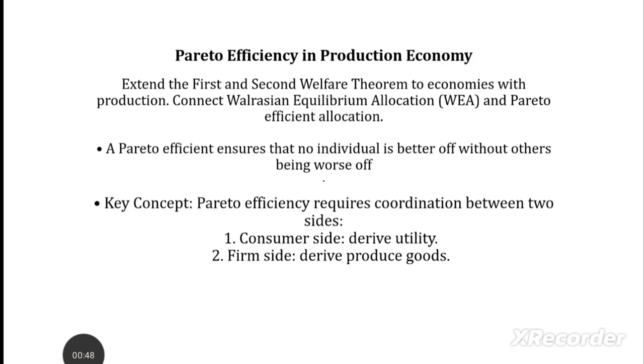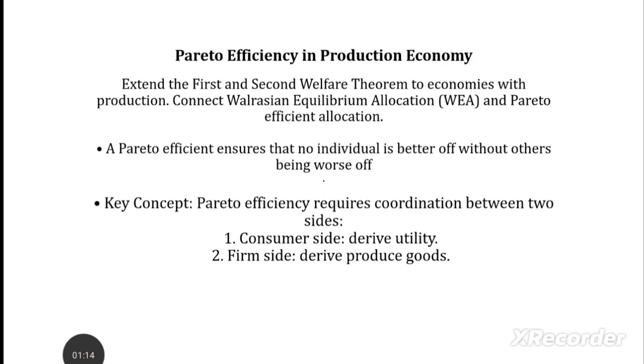In production economics, Pareto efficiency requires coordination between two sides. One, the consumer side, who derive utility from consuming goods, and two, the firm side, who produce goods using limited resources like capital and labor.